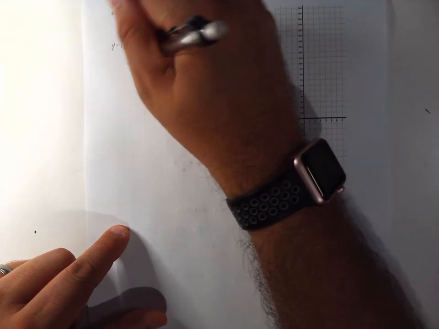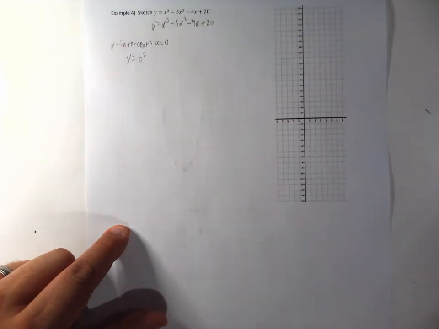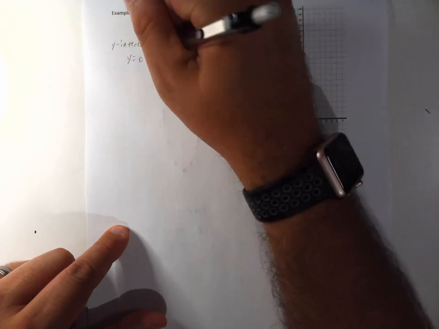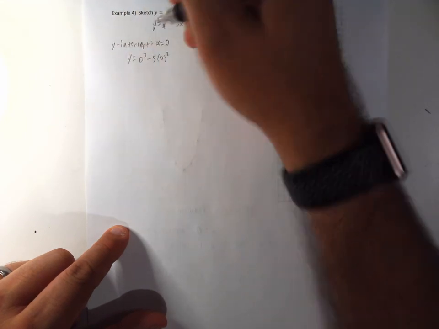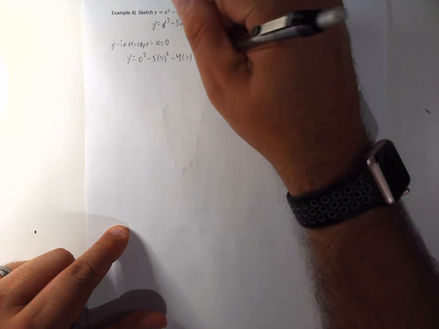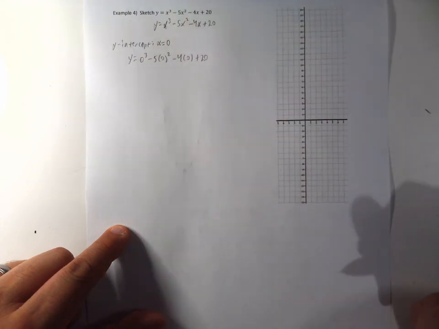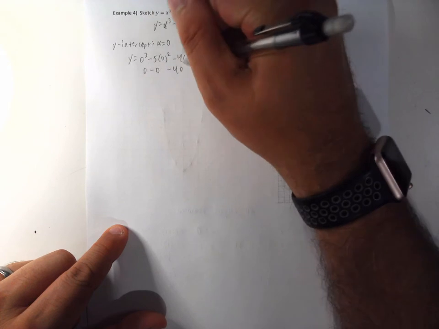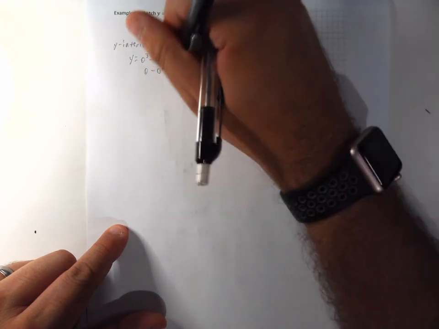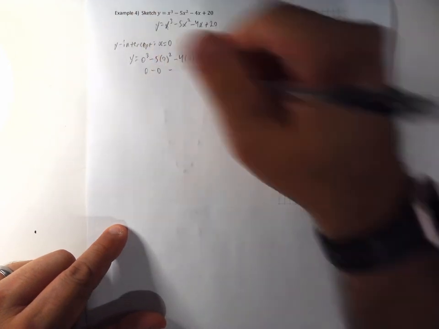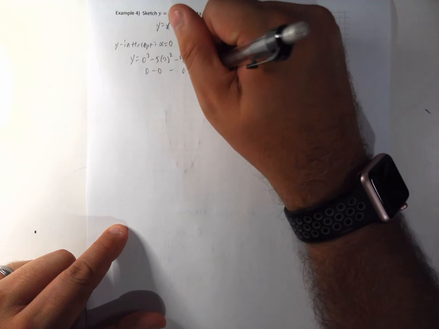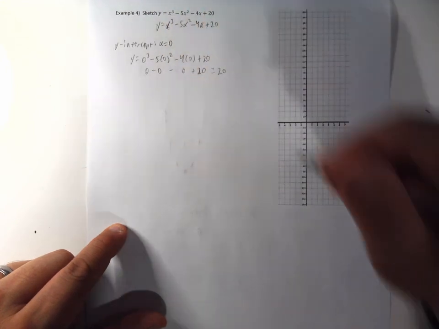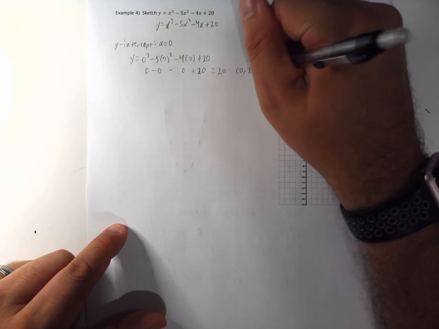So y equals 0 cubed at this time, minus 5 times 0 squared minus 4 times 0 plus 20. I end up with 0 minus 0 minus 0, plus 20, which leaves me the 20. 0, 20.